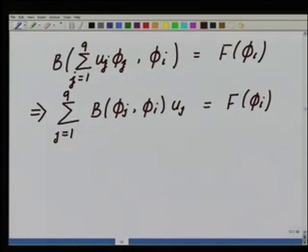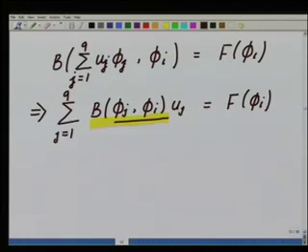Okay. If you see for the ith equation, this term becomes the coefficient of the jth unknown. So, what is it called?